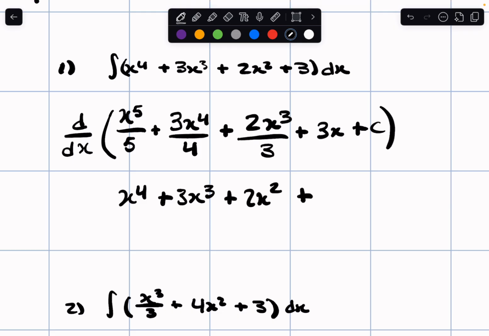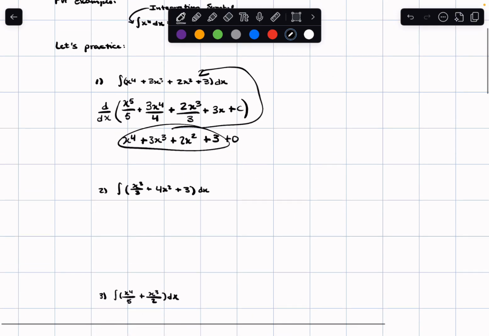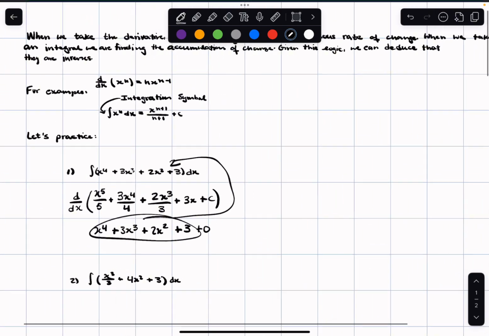Then when we bring the 1 down and subtract, we're going to get 3, then the derivative of a constant is just 0, and this is exactly what we got inside of the integral. So that is proof that they are inverses mathematically.